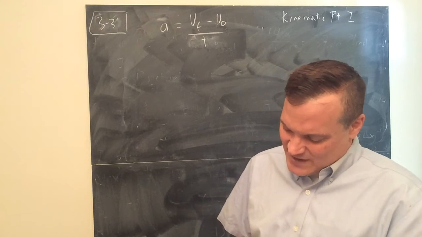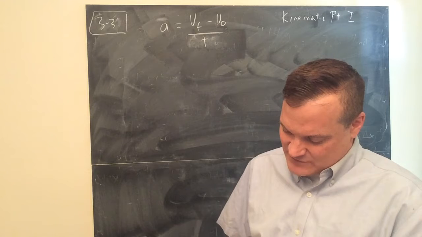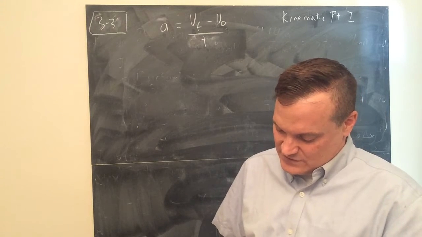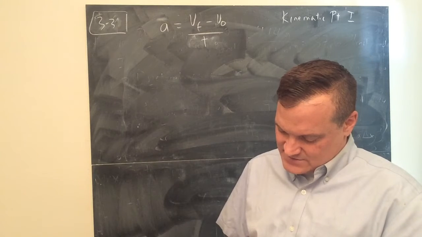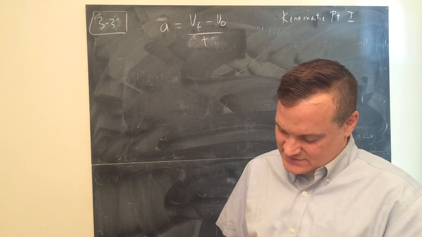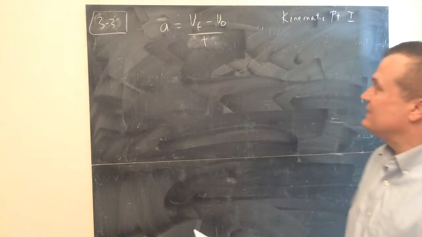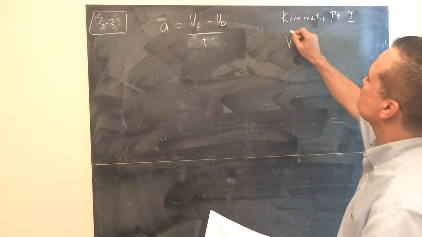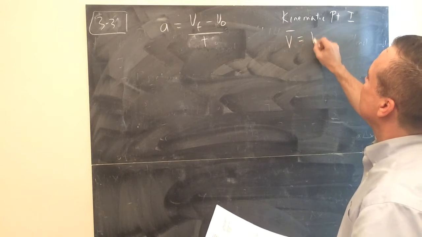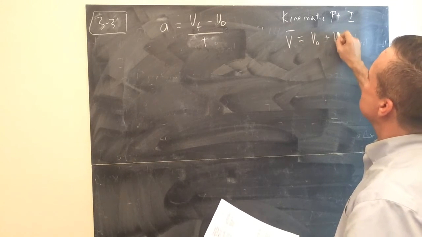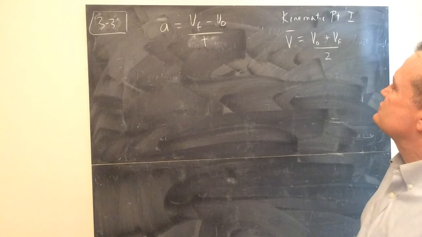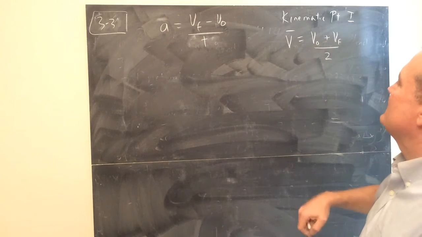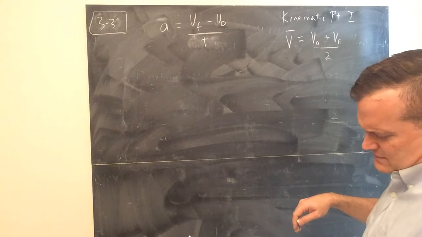Average velocity is your initial velocity plus your final velocity divided by 2. That's another equation that is always true.